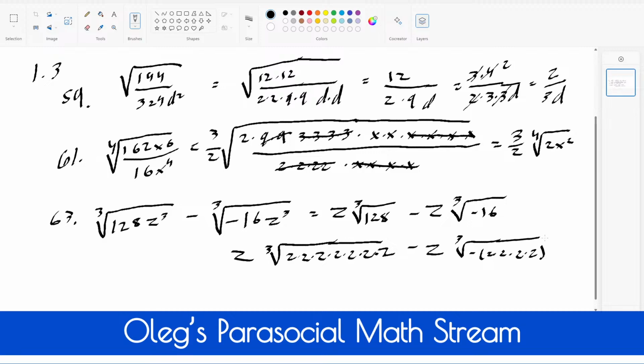So here's what we're going to do. We are going to, well, here, pay 3, get 1 out. Pay 3, get another 1 out. So now we have z to the 4 cube root of 2 minus z, and then I'm going to pay 3, and I'm going to pay the negative, and pull it out.